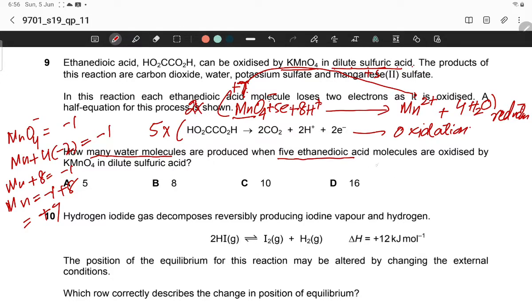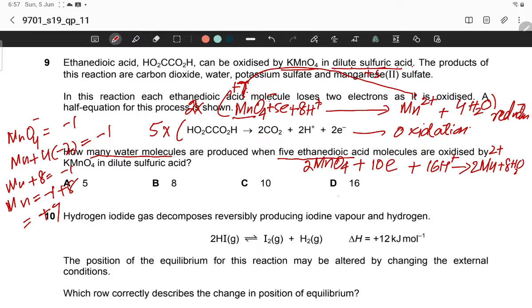We have 2 MnO4 minus plus 10 electrons plus 16 hydrogen ions to form 2 manganese ions plus 8 water molecules.